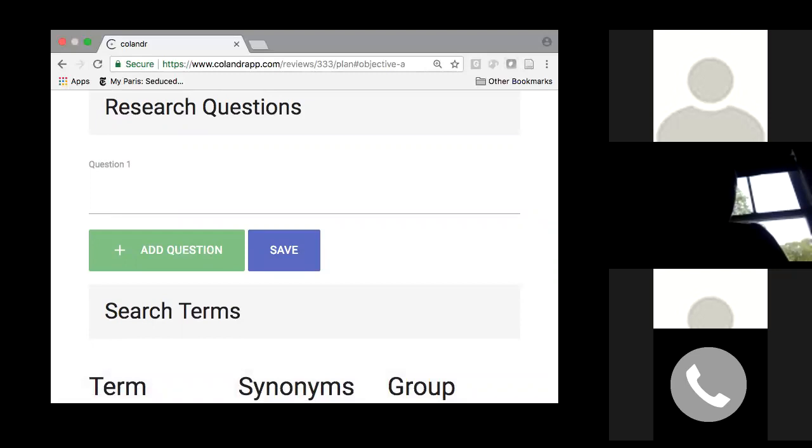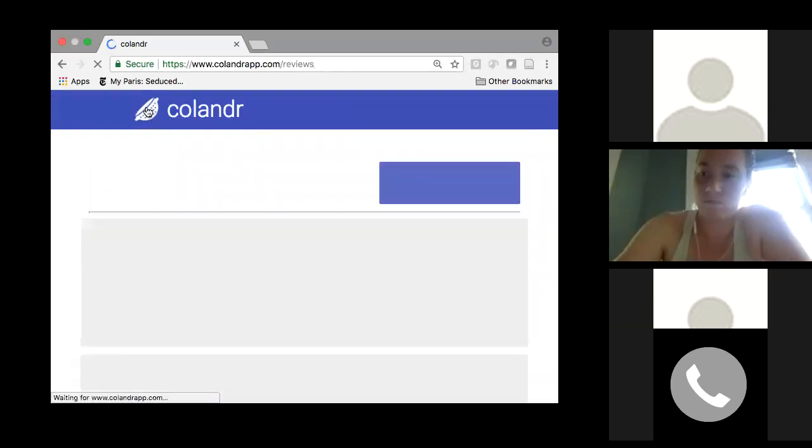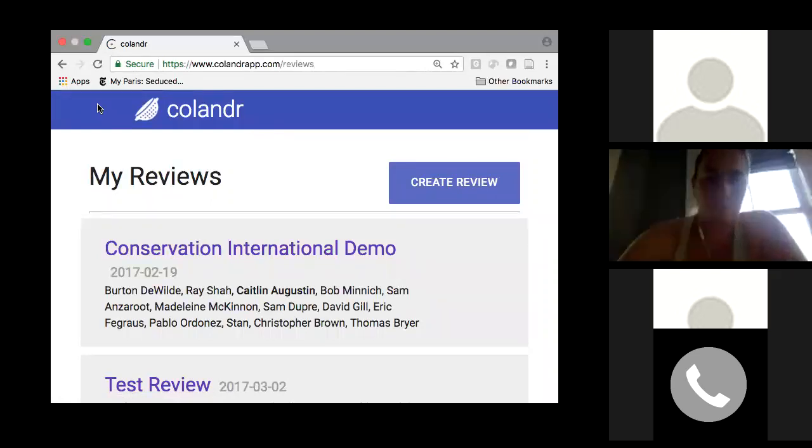So you can also tell that sometimes things like this happen. If you ever run into a glitch with Calendar, I would go to the home page, and when you're at the login page, there'll be a link for help, and this will take you to the Calendar community page.